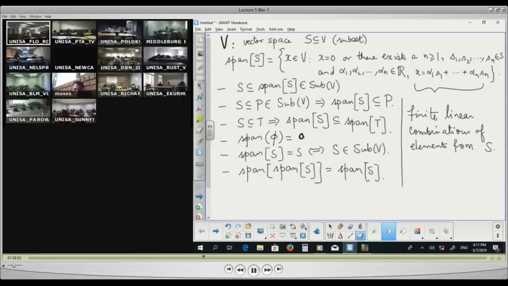And this shows, as we did in the last lecture, that span of S is the smallest vector subspace of V which contains S. Okay? And that is what we are using today. Alright? Any further questions?